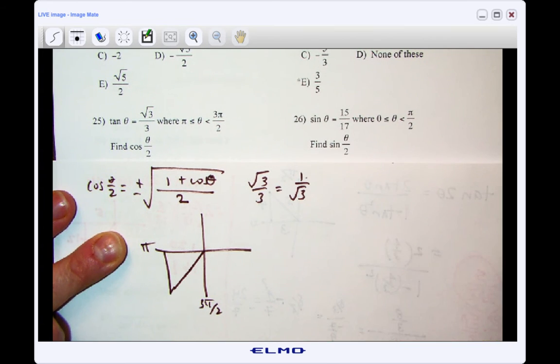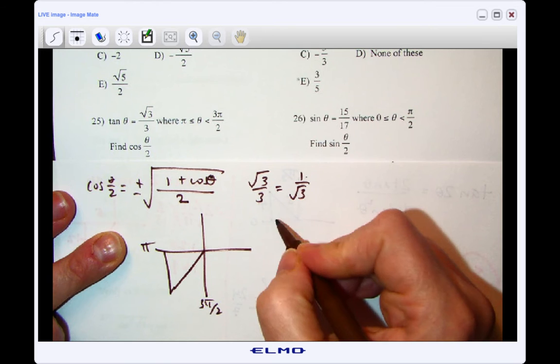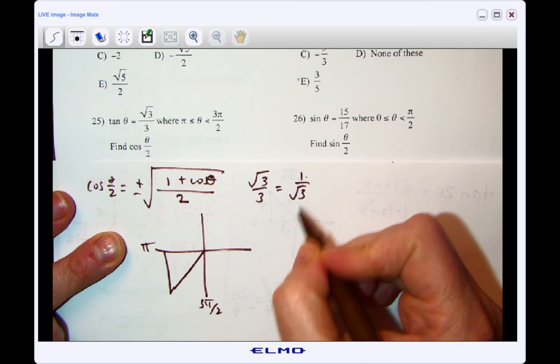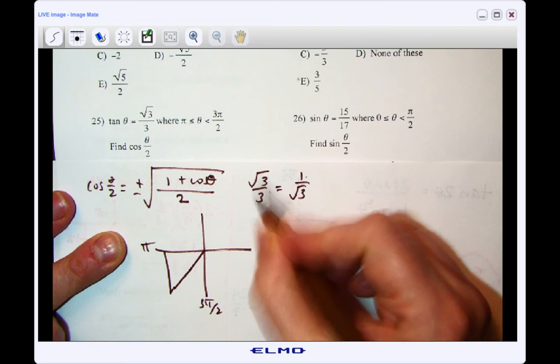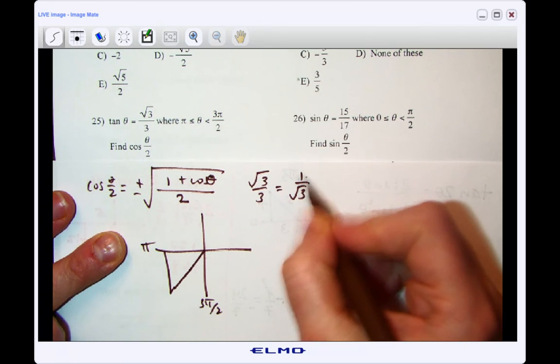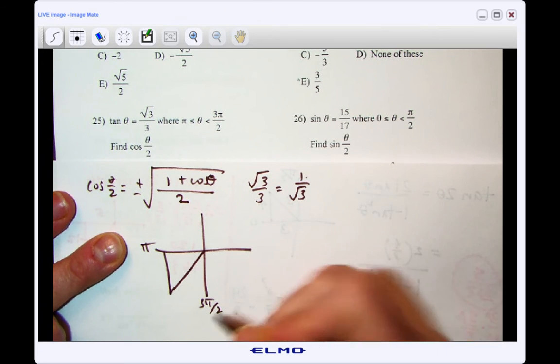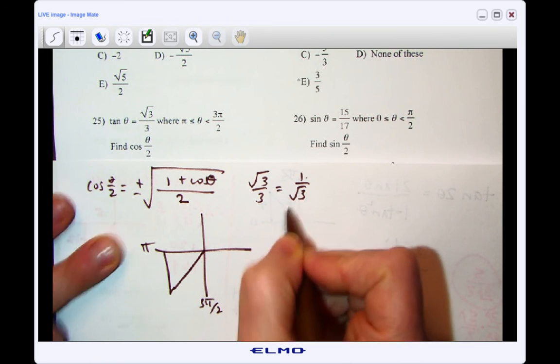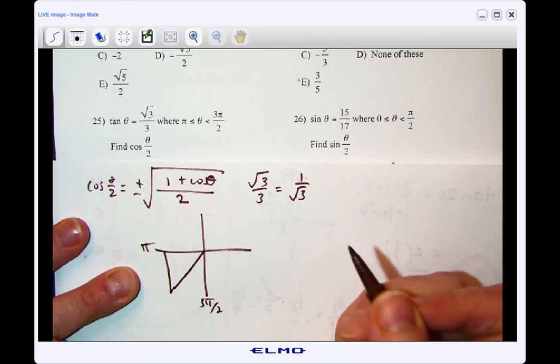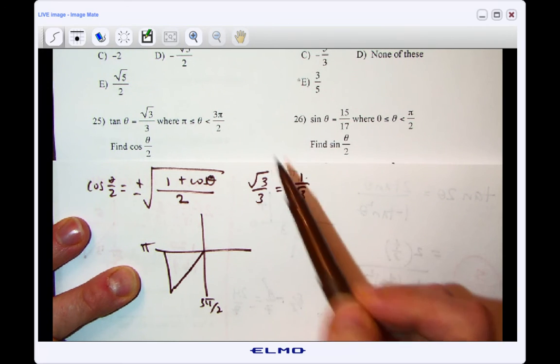And so your answer is going to come out the same. But a lot of times I unrationalize them. I guess my brain just automatically does that because when we solve trig equations, this one is harder to understand than this one. So a lot of times I just go ahead and change it that way. But it doesn't matter which way we label the triangle, as long as we're doing the right sides.